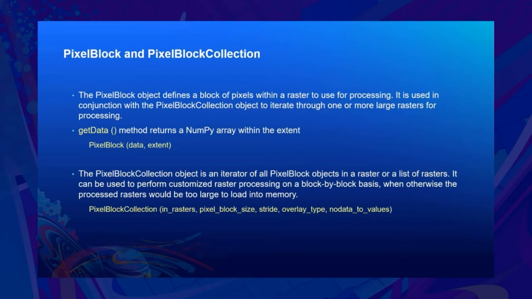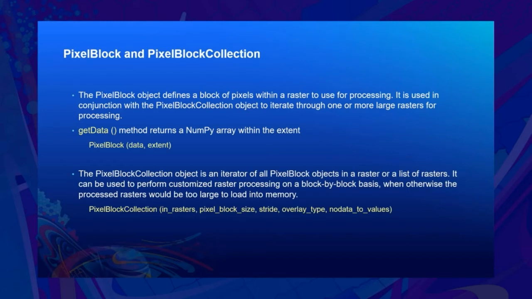But how do you do that? When going from one area to another, you can use your pixel block collection to do the job. Think of a pixel block collection as an iterator going through your pixel blocks, which define different areas in your raster. So you can use pixel block collection and pixel block to process large rasters.